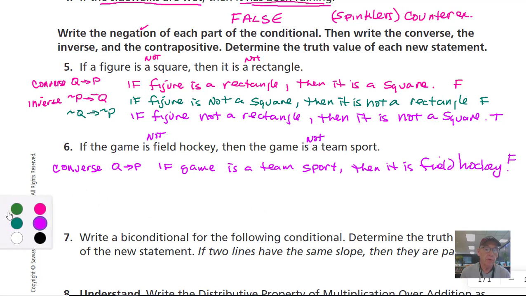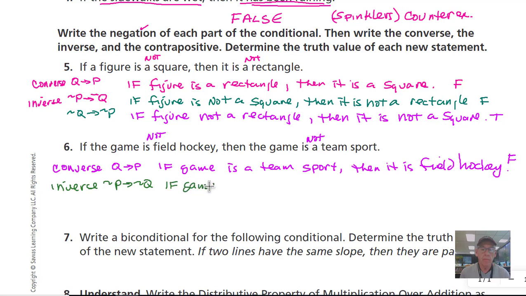Let's do the inverse. Now, inverse is not P, then not Q. So if the game is not field hockey, then not a team sport.